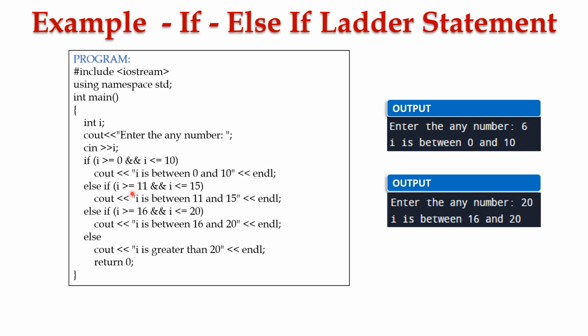Here i should be greater than or equal to 11 and i should be less than or equal to 15. Here also the condition is false, so it moves to the next else-if. Here i should be greater than or equal to 16 and i should be less than or equal to 20. If so, the cout statement "i is between 16 and 20" is displayed to the user. The condition is satisfied here and it has been displayed to the user as "i is between 16 and 20".